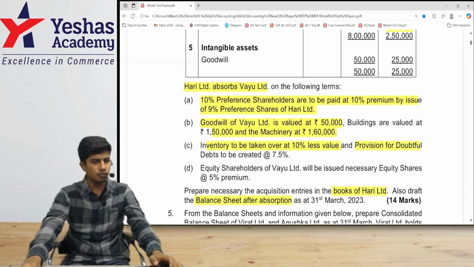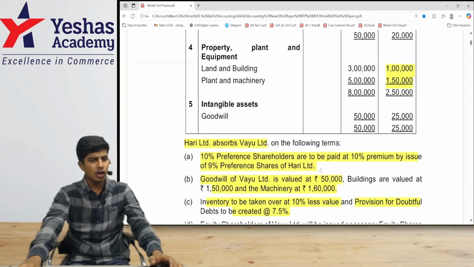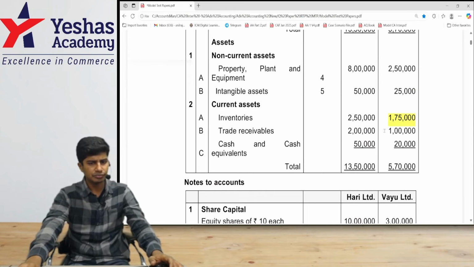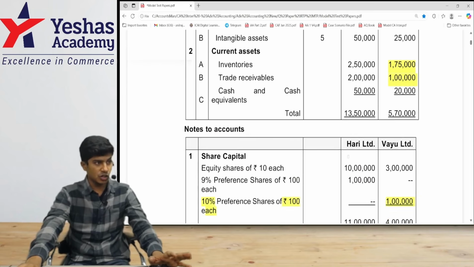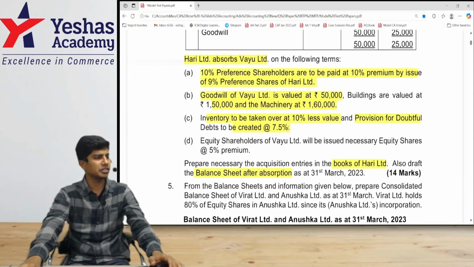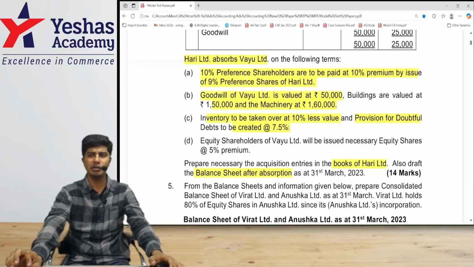Provision for doubtful debts is to be created at 7.5%. How much are my trade receivables? 1 lakh. This is taken over, but we are going to create a provision at 7.5%. So can I say trade receivables will be 1 lakh minus 7.5%? But please don't write like that.